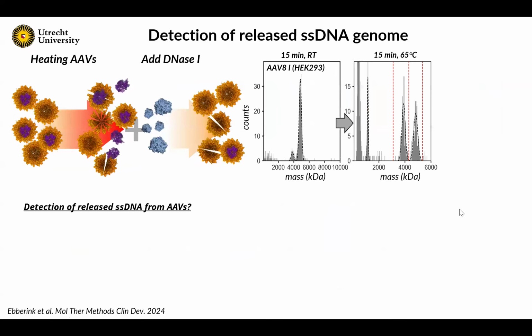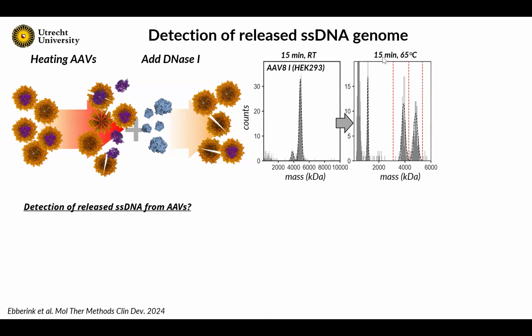So we wanted to really make sure that that's the case, and thought of a different assay where we would first heat our sample, but after heating, we would add a bit of DNase and see if that would digest the new peak that emerged after just heating of the AAVs.